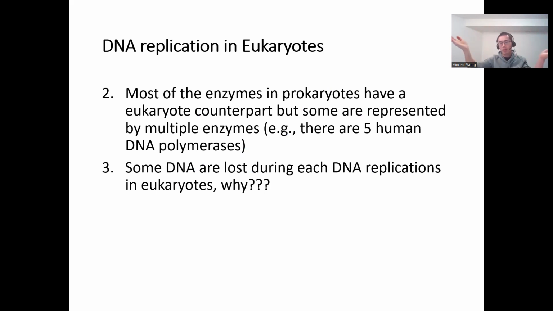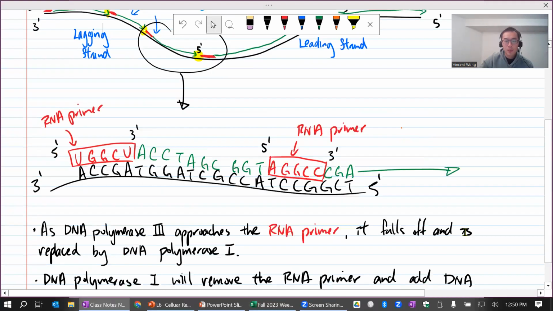By the way, you have 46 chromosomes, right? Each chromosome, let's say chromosome 1, is this long. And after we copy it, it gets shorter and shorter. Every time we copy our DNA, we lose a little bit of it. Of course, the question is why, right? Let me go back to this diagram and help you explain it.